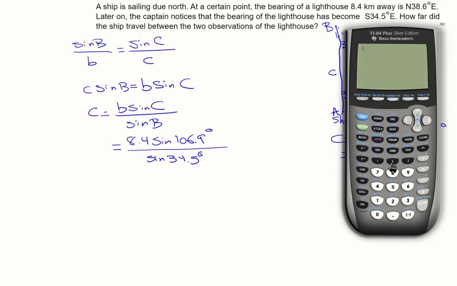So we get 8.4 sine of 106.9. So we can close those now, and then we're going to divide that by sine of 34.5.